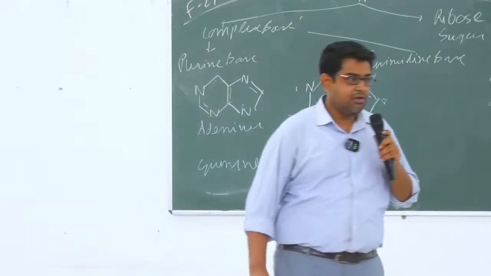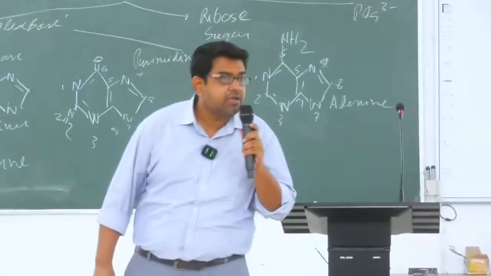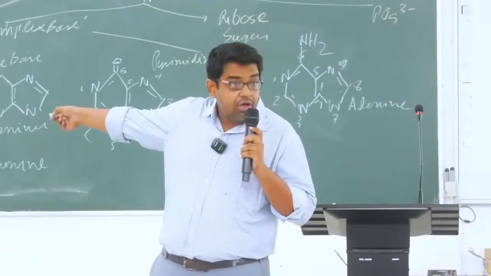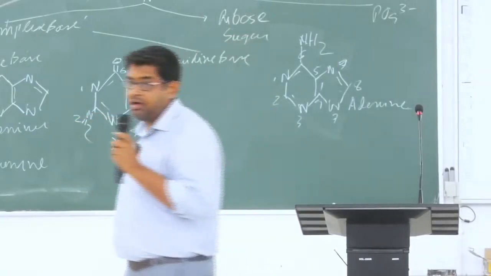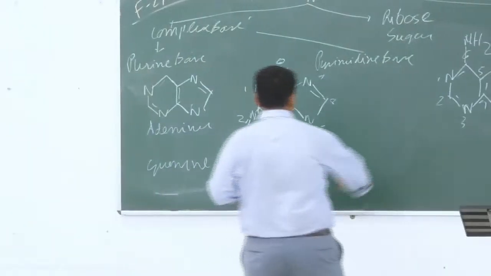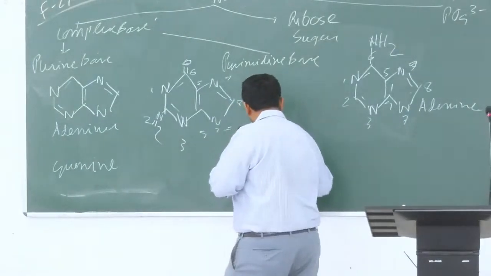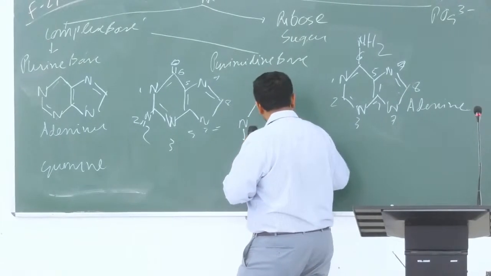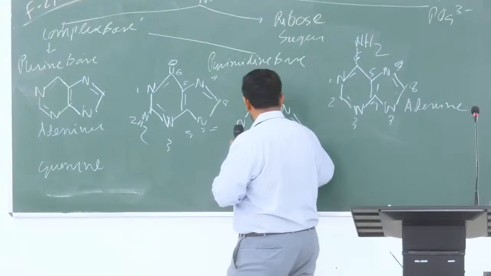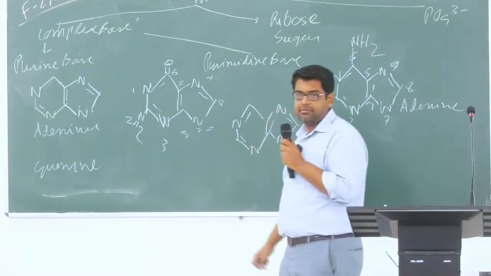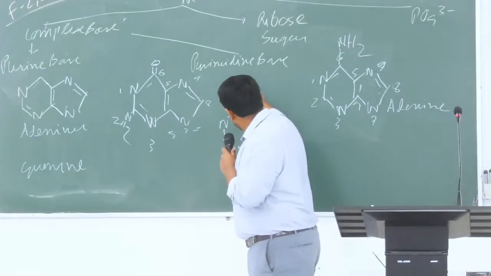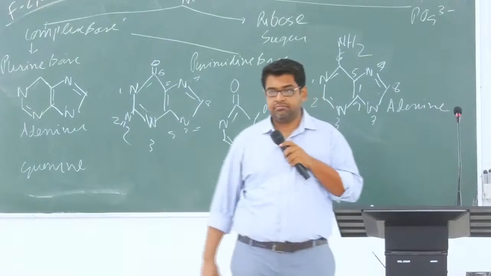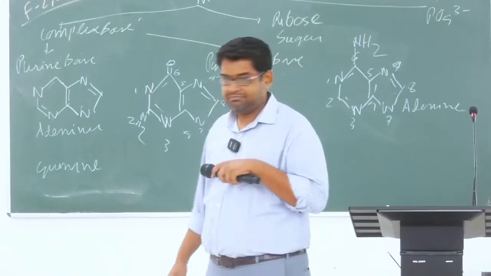So how do you go about it? Draw the purine ring. How do we draw the purine ring? N, hexagon complete, pentagon, N, put the double bonds. Put an oxo at 6th position, xanthine.